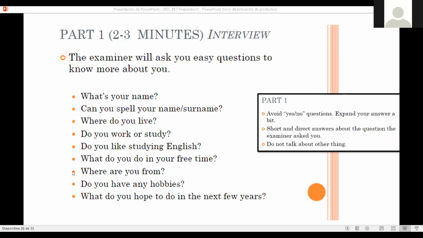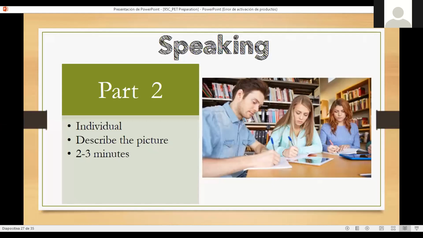So this is how the first part of your speaking test is going to be. In the second part, you are also going to be evaluated individually. So we continue with this individual situation. What happens here? You're going to be shown a picture that you will have to describe.